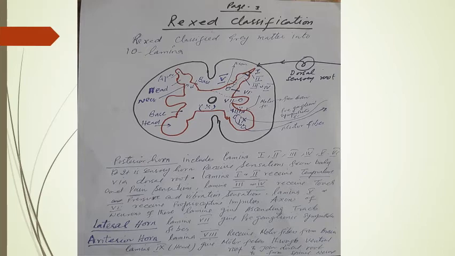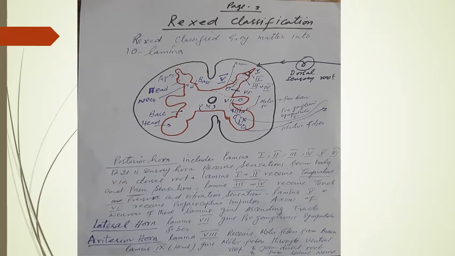Lamina 7 is the lateral horn, the autonomic fibers, which give the preganglionic sympathetic fibers that follow the ventral root. Lamina 7 is the autonomic horn. The base of the anterior horn is lamina 8, and the head is lamina 9.